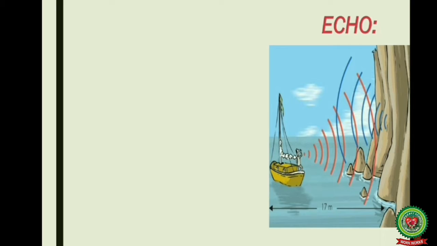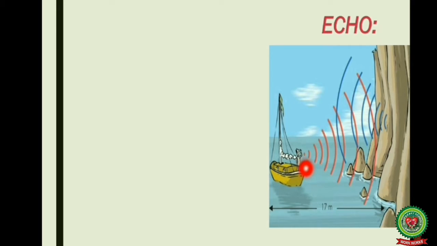Our first topic for today is what is an echo. Students, just see this picture. You can see a person standing at some distance from this hillside and producing a sharp sound. One can hear two distinct sounds.